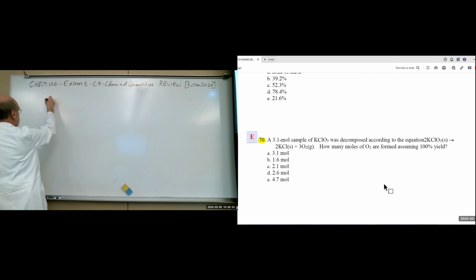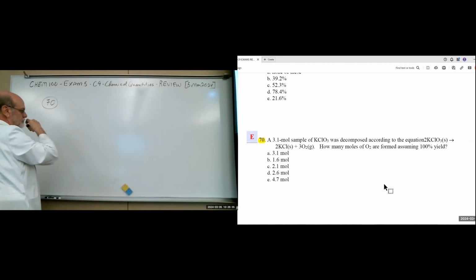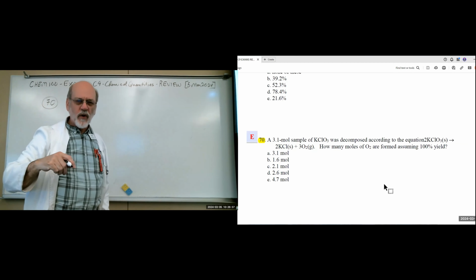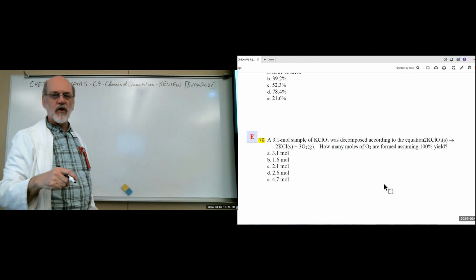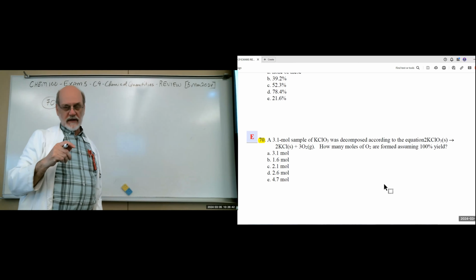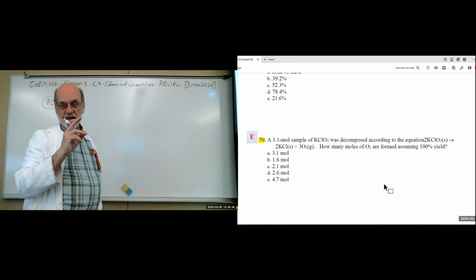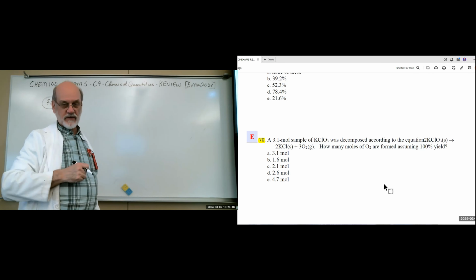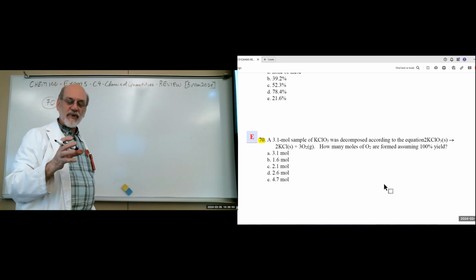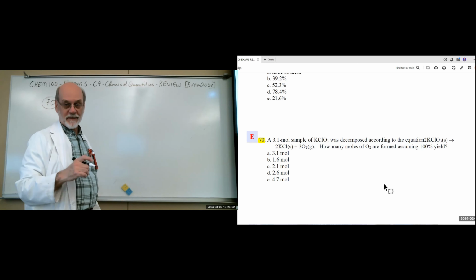70. A 3.1 mole sample of potassium chlorate was, and that's a polyatomic ion, the chlorate ion. So potassium is a +1, chlorate's a -1. That's a correct formula. Decomposed according to this equation. All right.